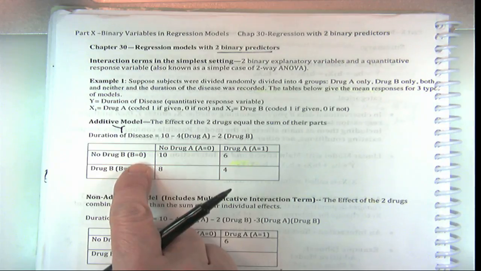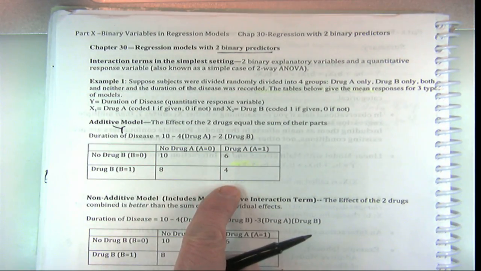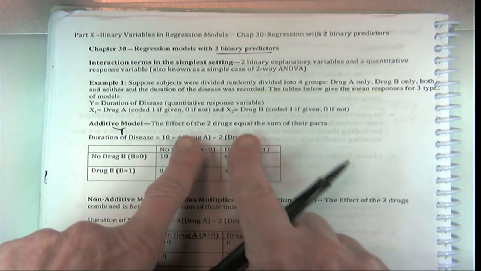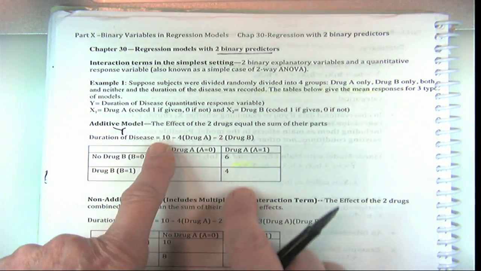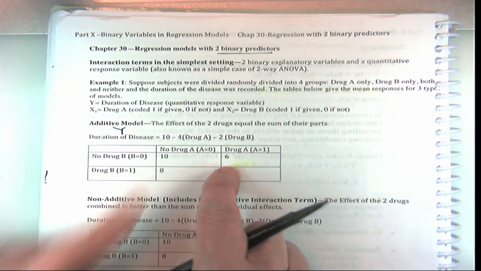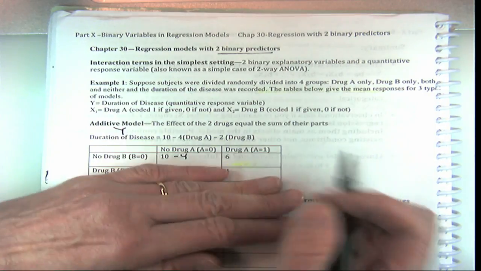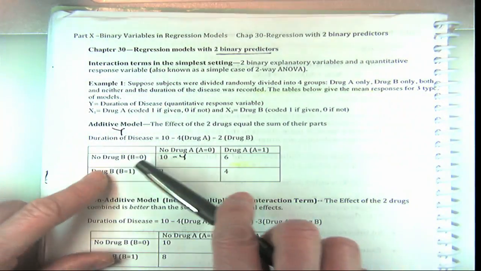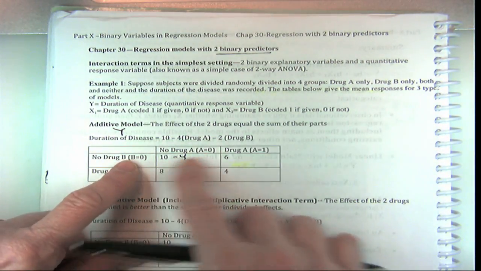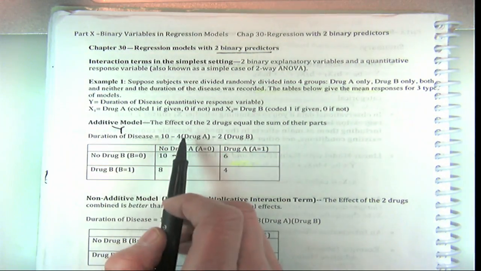And so here's an example of no interaction effect whatsoever. Without any drugs, your disease lasts 10 days, and then if you take drug A, it goes down by 4, minus 4. When drug B is 0, just the effect of drug A is minus 4.